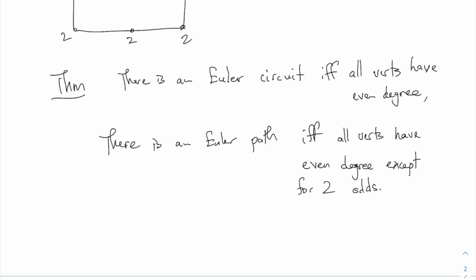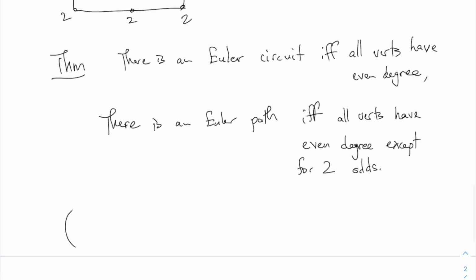This is the rule for existence of Euler circuits or Euler paths. It's very, very simple. You just have to remember, if they're all evens, there's a circuit. If there are 2 odds, there's a path. And in any other situation, there's nothing. You can't do Euler circuits or Euler paths if you have more odds than that.